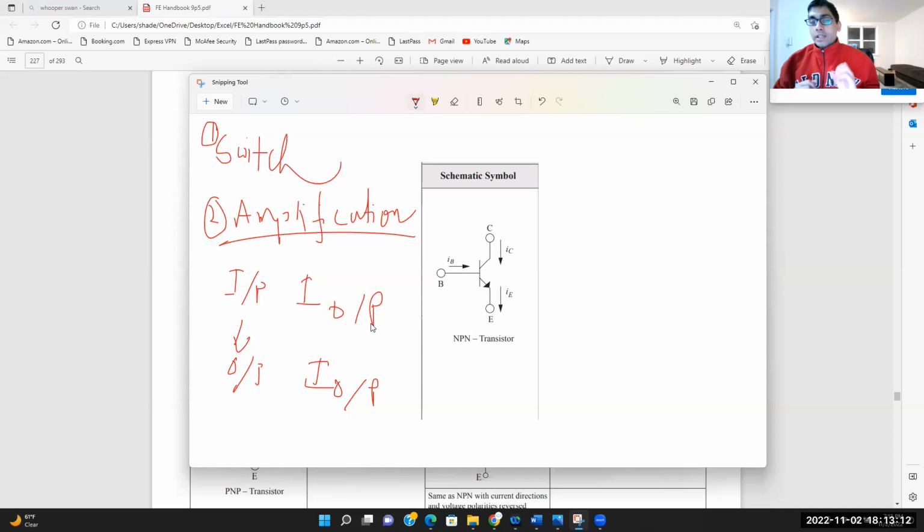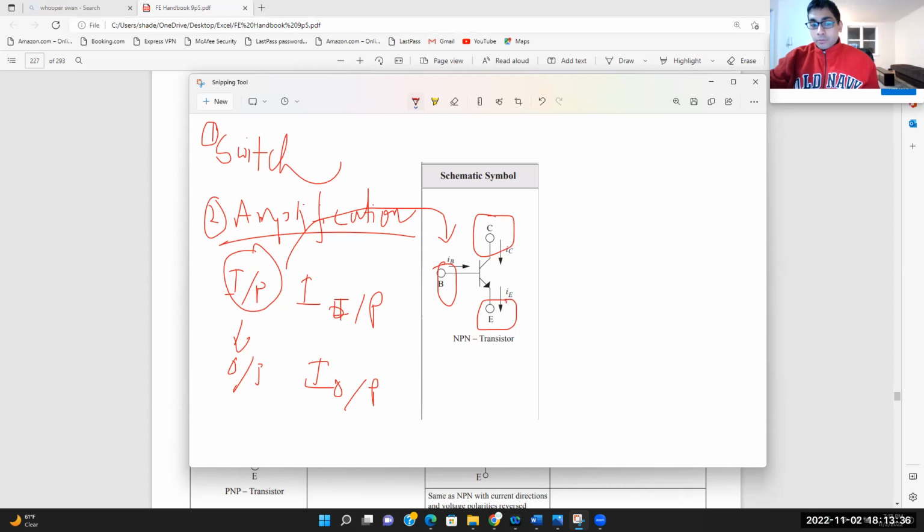A BJT has three terminals or three parts. One is the base, the other is the collector, and the third one is the emitter. When I'm talking about input current, I'm referring to the base.